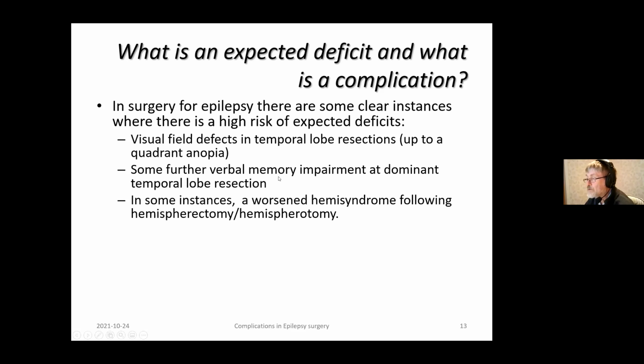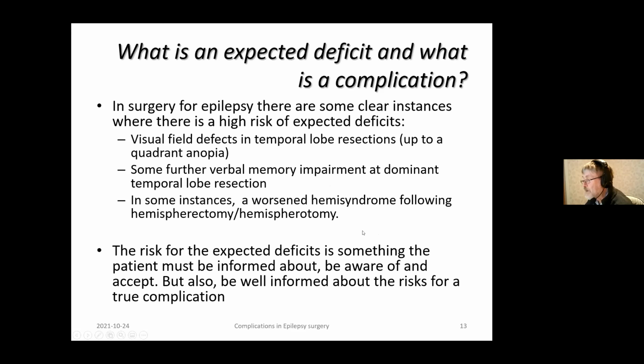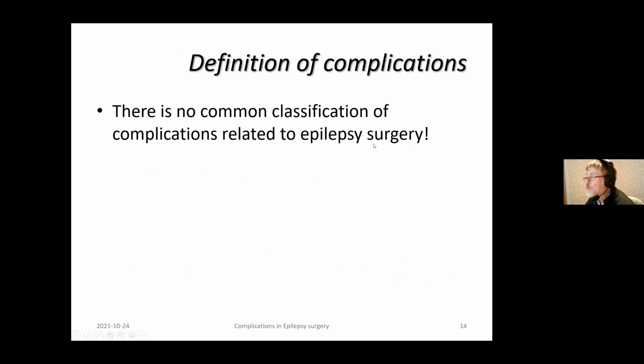You, of course, may get some further verbal memory impairment at dominant temporal lobe resection, or in some instances also a worsened hemiparesis following hemispherectomy or hemispherotomy. Those are expected deficits. That is something that the patient must be informed about, be aware of and accept, but also be well informed about the risks for true complications.